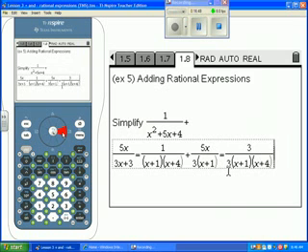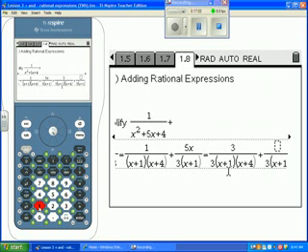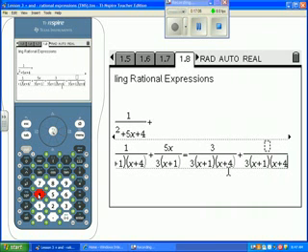What about 5x though? We haven't gotten over there yet. Plus, we have to add this. We're changing both denominators here. Our denominator is 3 times x plus 1 times x plus 4.